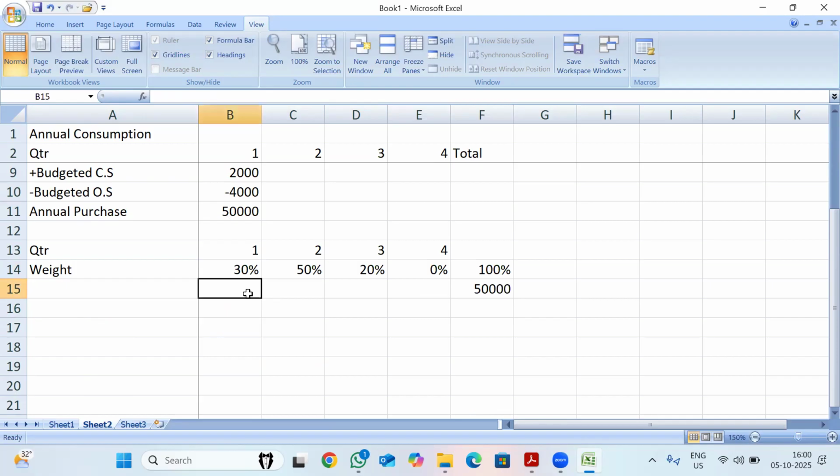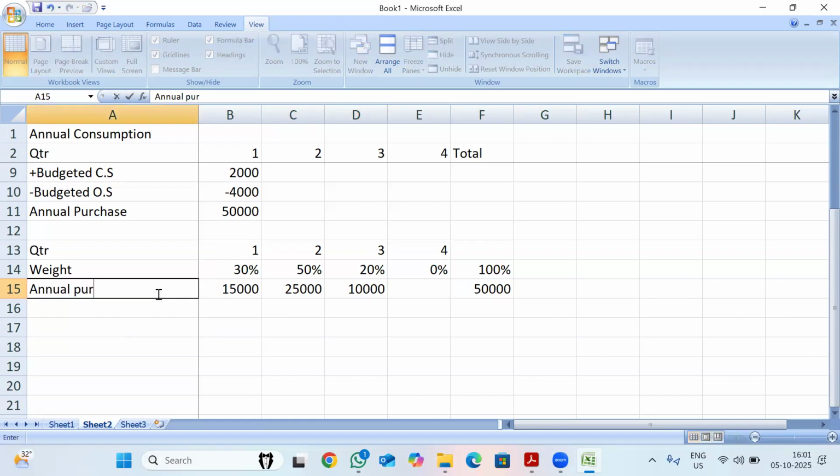This 50,000 will be segregated as 30% in first quarter, and 50 percentage, that is 50,000 into 50 percentage in second quarter, and in third quarter it is 10,000. So this is my annual purchase by weight.